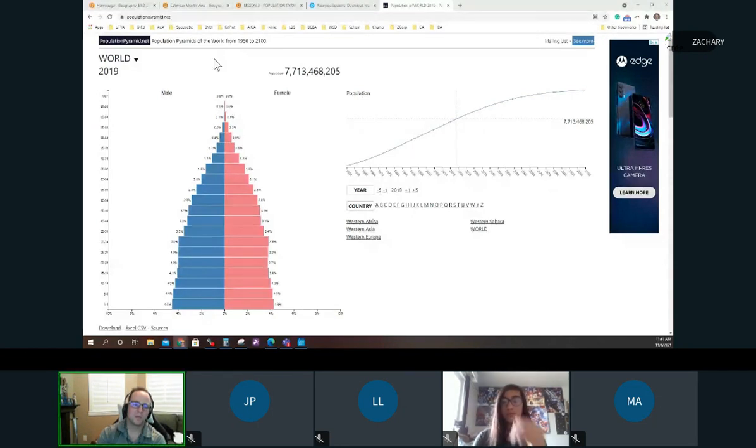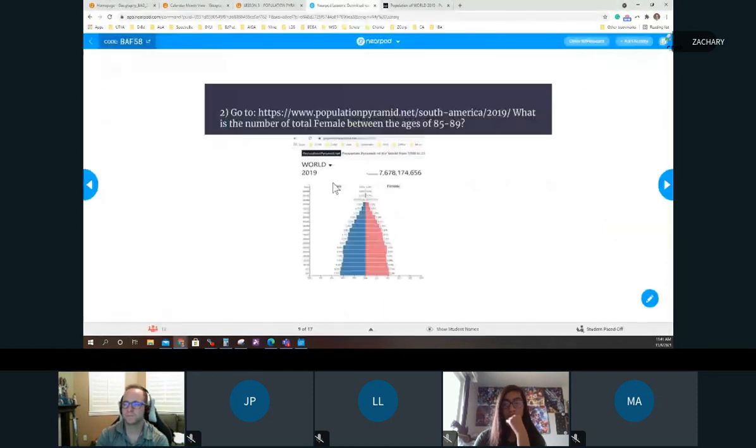You're more likely to live longer if you are a female. It's kind of interesting. Now, if you look at different regions of the world, that may change. Males may live longer than females, and that could be due to a lot of different factors, and we're going to talk about those factors in a little bit.